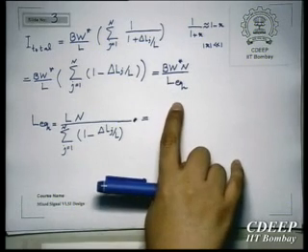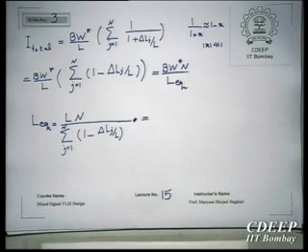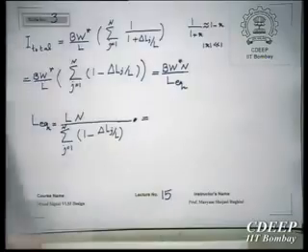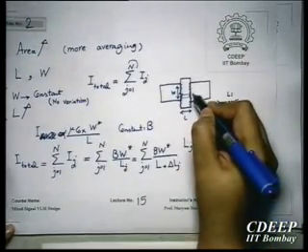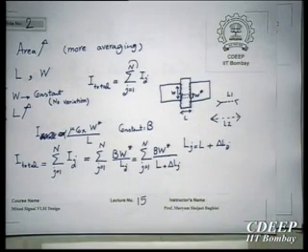For L equivalent, the effective W will be W star into n. W star is the width of one strip. See, this is the strip, right? You have n number of strips with the width of W star. No, I'm not increasing W. W is constant. I just have divided the transistor into n number of strips in parallel, and all of them have width of W star.